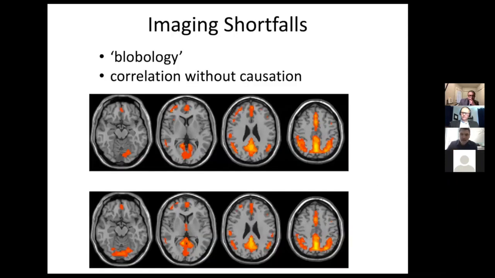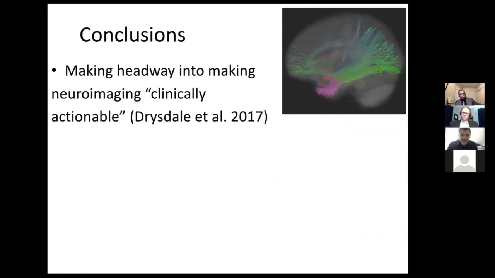One of the shortfalls of imaging data on its own is that you can find a lot of correlated brain activity at rest or in response to a stimulus or a pre-post treatment, and it's hard to get a good understanding of whether there are specific kind of control nodes like John was talking about, or generally a hierarchy of communication in these brain areas. And so I think we're making some headway on these kind of questions.